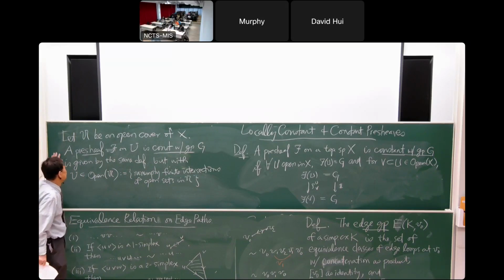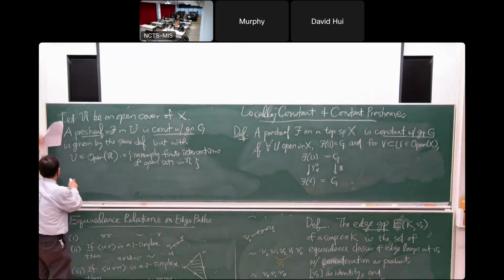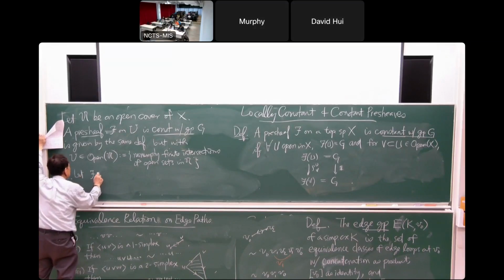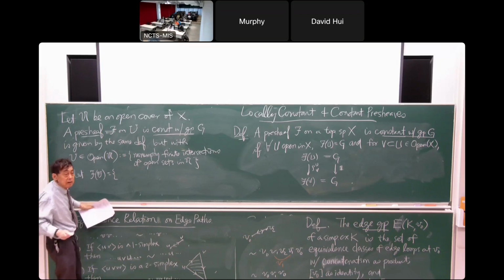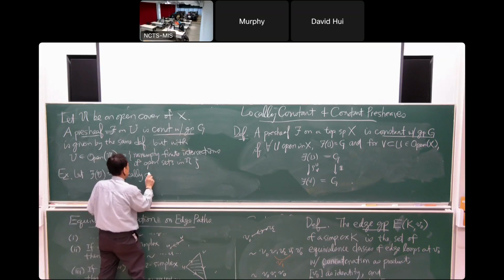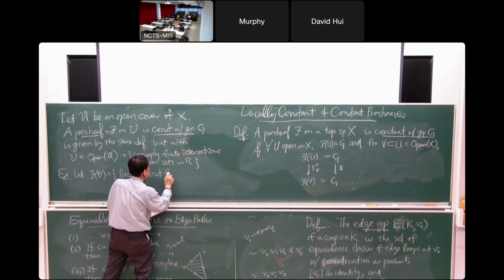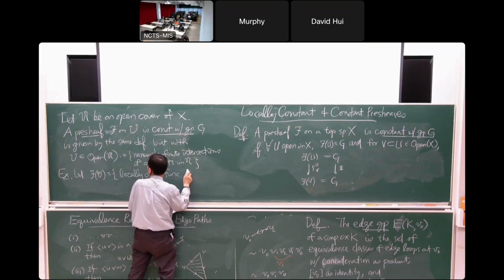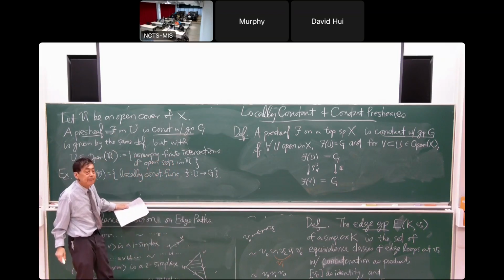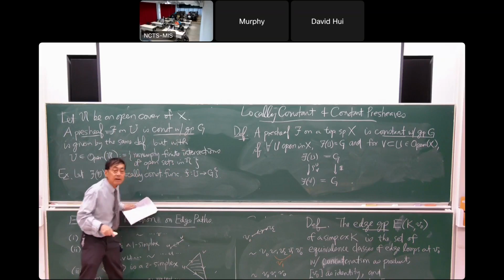Okay, and then let's look at this example. So let F of U be locally constant functions from U to G. Is this a constant presheaf?